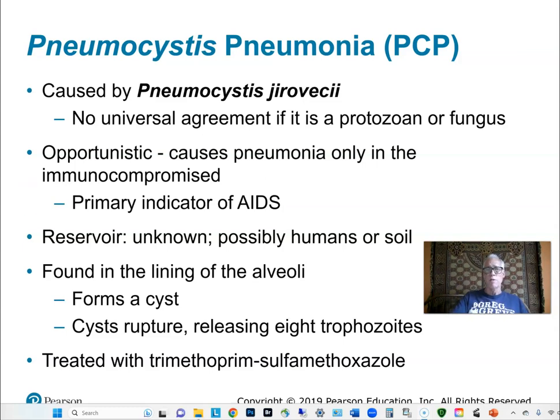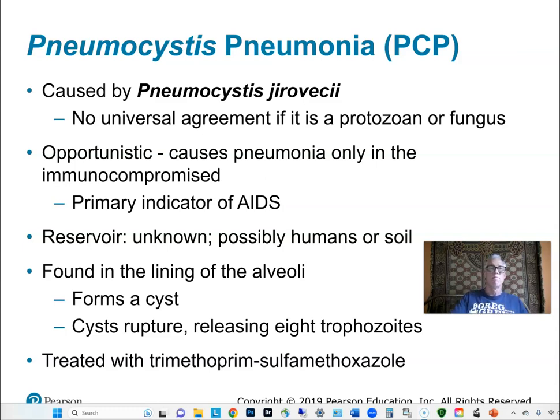Unknown reservoir, possibly humans or soil. It forms a cyst in the lining of the alveoli. The cyst ruptures, releasing trophozoites, the eating, growing form of the organism. It's treated with trimethoprim and sulfamethoxazole.